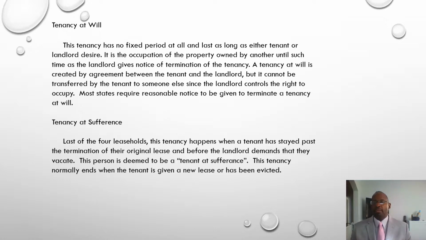You cannot decide to lease it out or something like that. Tenancy at sufferance is basically the end of the contract where the tenant is no longer paying any rent, and therefore vacates when the landlord demands the person to vacate. Basically, this person is deemed a tenant at sufferance.